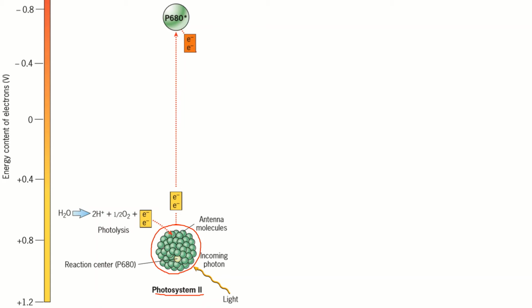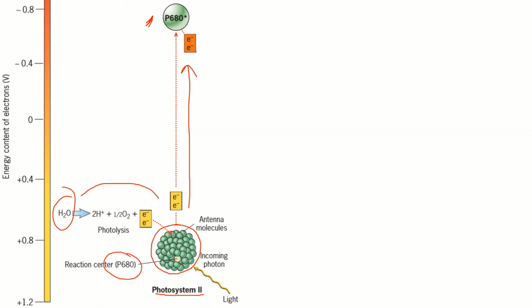That reaction center is known as P680 because it absorbs that wavelength of light. As it absorbs that energy, it loses an electron and becomes P680 plus. Because it lost an electron, it's going to get an electron from somewhere else, and that somewhere else is water.